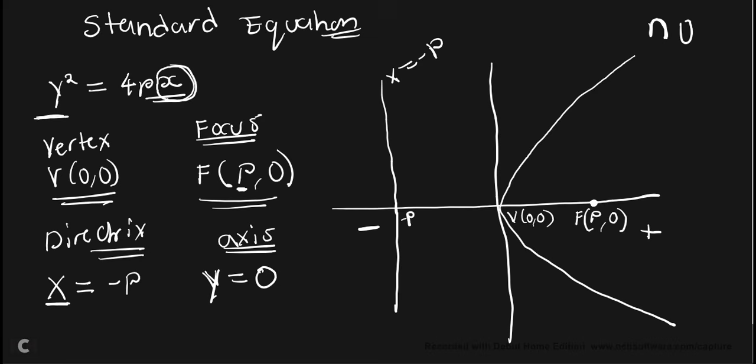So in this part, this is your Directrix, and this is the parabola, or the equation. In short, we don't write the parabola, we just write the equation, which is y squared equal to 4px. Then this is your vertex, and this is your focus.